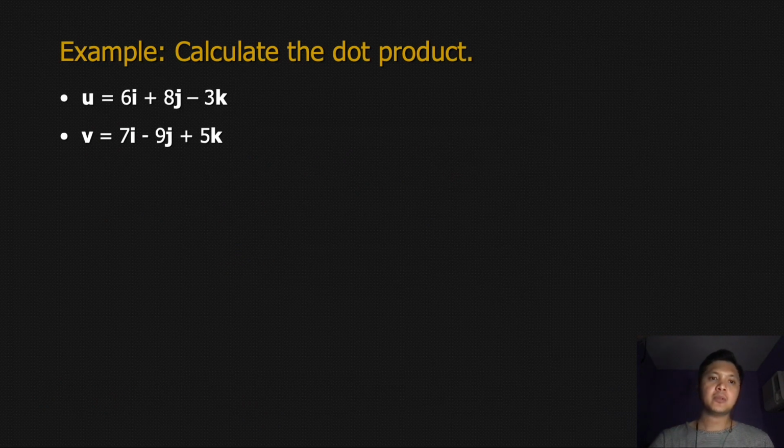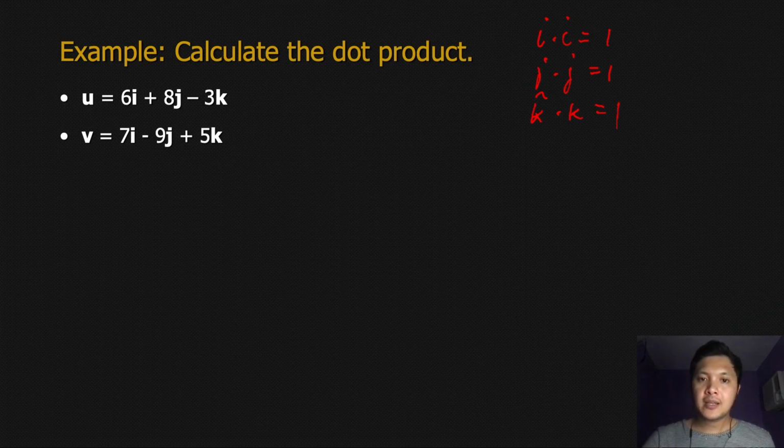Let's say, for example, we are asked to calculate the dot product of u equal to 6i plus 8j minus 3k, and v equal to 7i minus 9j plus 5k. Remember that i dot i is equal to 1, j dot j is equal to 1, and k dot k is equal to 1.